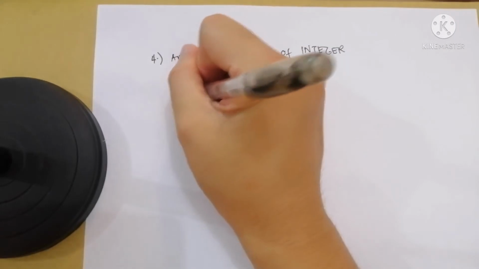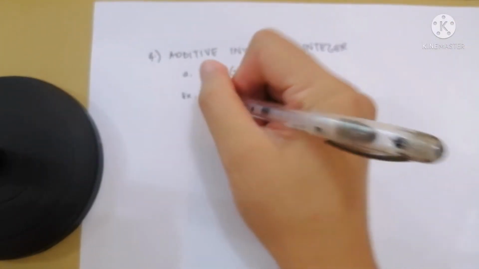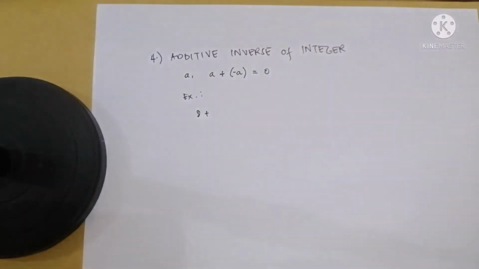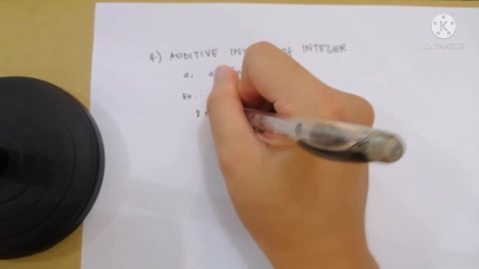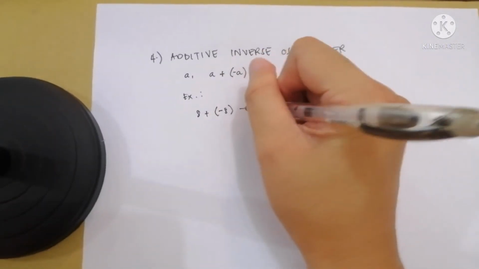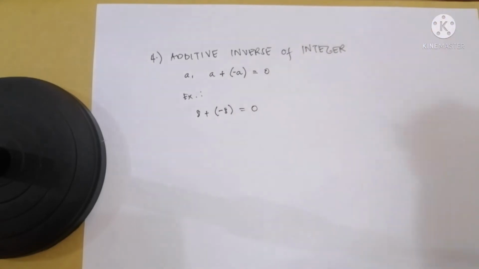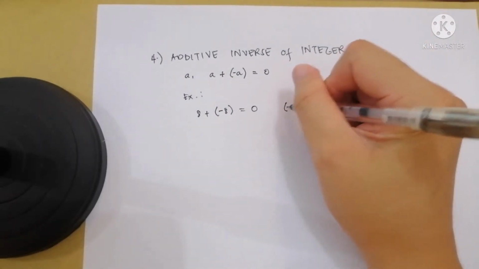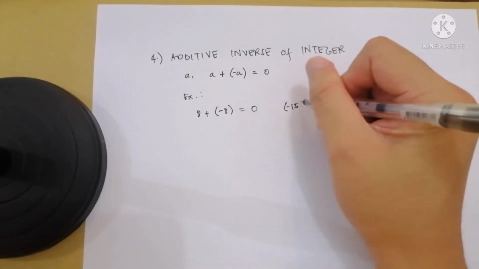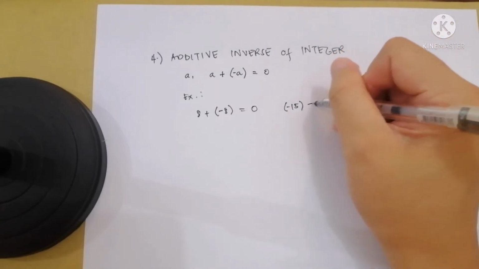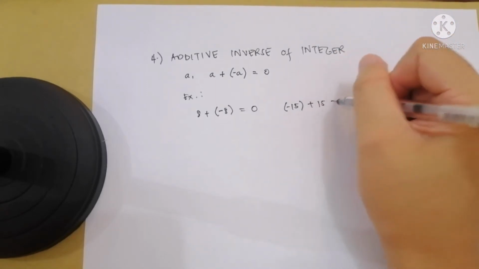For example, if we add positive 8 to its opposite, which is negative 8, that is automatically 0. Another example is if you add negative 15 to its opposite, which is positive 15, then the result is automatically 0.